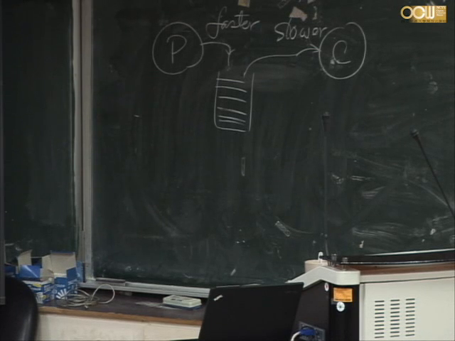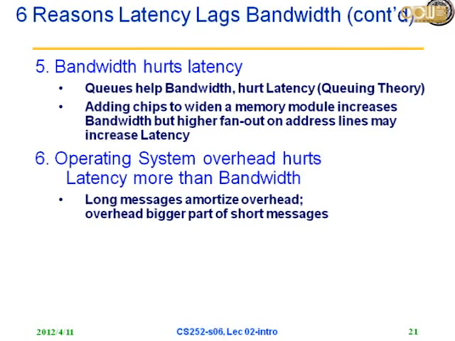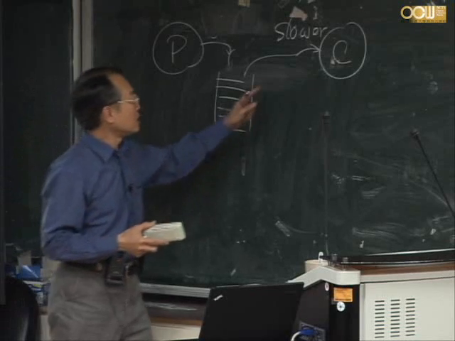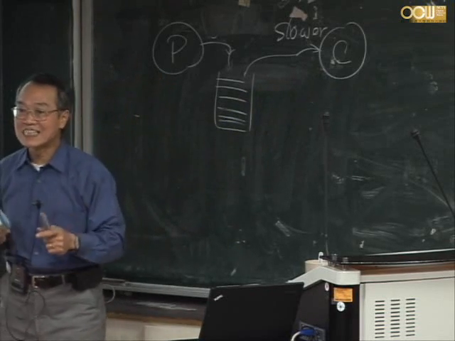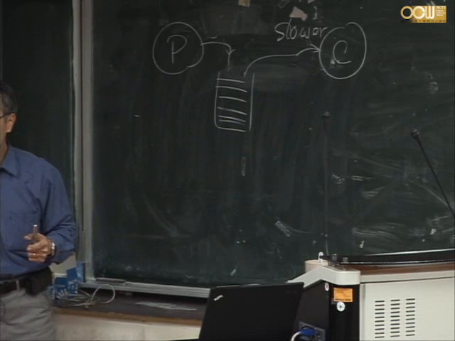No objection? This is a lousy design. Tell me why it's lousy. Eventually, that buffer will explode. Never, never, never do that. Okay? So the buffer is used when the speed of the producer is not stable, or the speed of the consumer is not stable, or both.